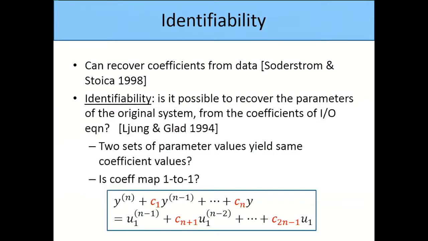And then Young and Glad were the first to bring up this notion of structural identifiability using this differential algebra approach. So that's why I cited them there. The input-output equation first appeared more or less in that paper. Yes, I think so. Thank you.